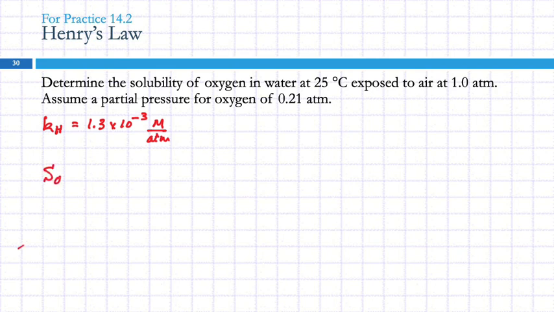So the solubility of oxygen is going to equal the Henry's law constant times the partial pressure of oxygen. It's not the total pressure, it's the partial pressure of the oxygen. And that is told to us here, it's 0.21 atmospheres.